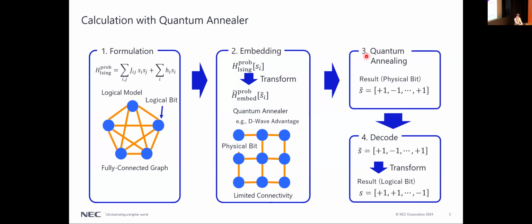After embedding, the embedded model is calculated using quantum annealing, and the calculation result is obtained as a value of the physical bit. Finally, the optimal solution of the logical model that you originally wanted to solve is obtained by transforming the solution of the physical bit.